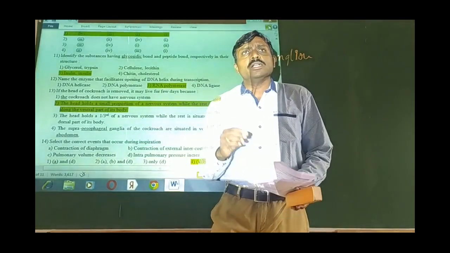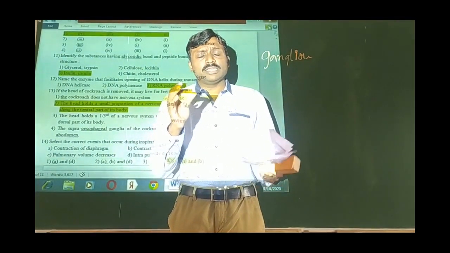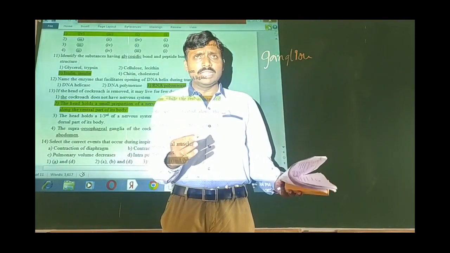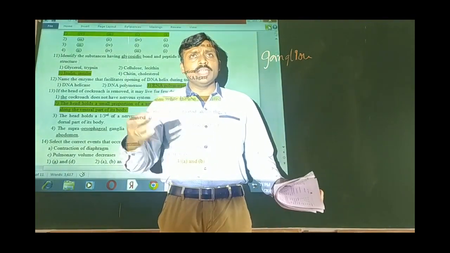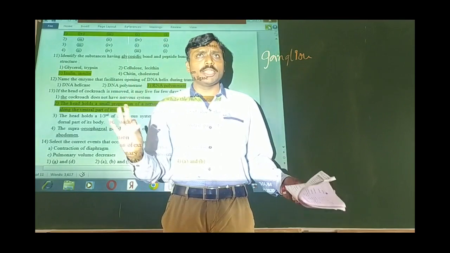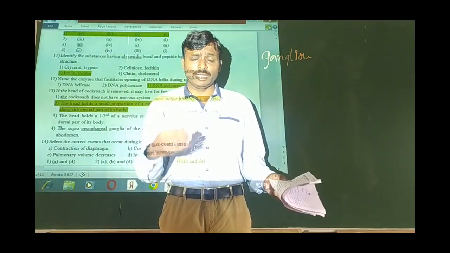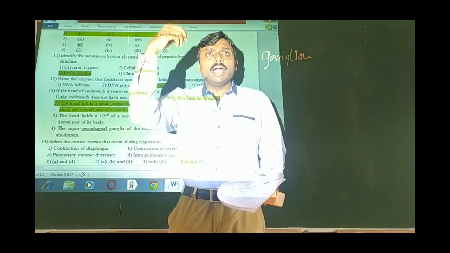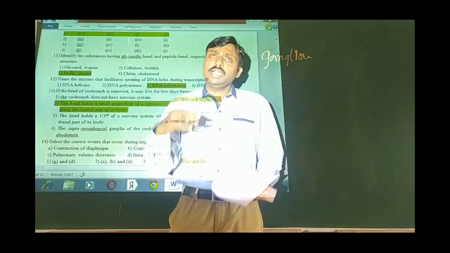In common sense, we can confirm a living organism as dead when its brain totally stops functioning. If the brain is dead totally, then we can confirm that living organism as dead.